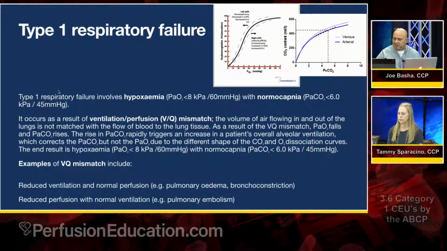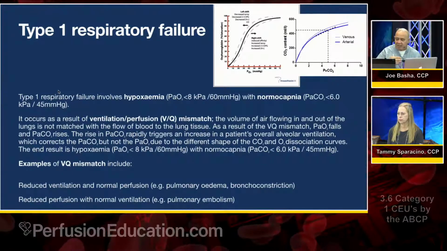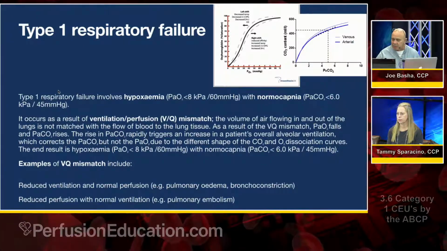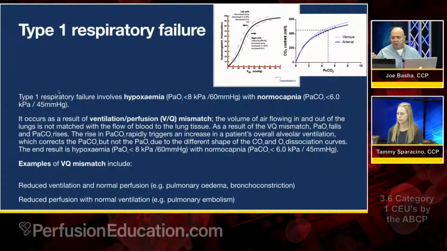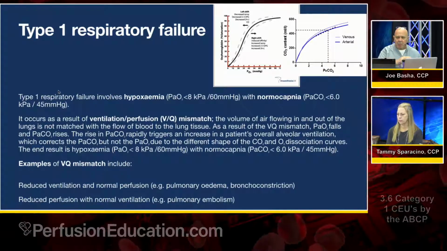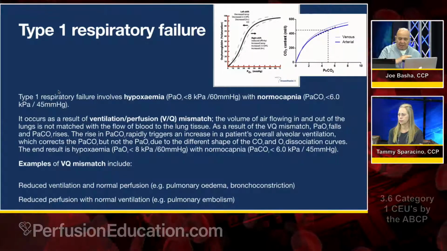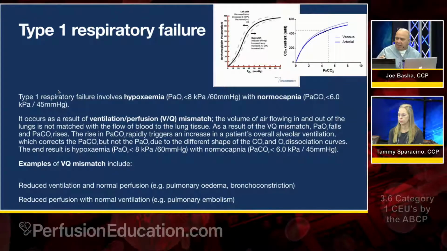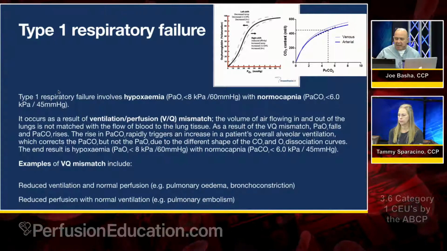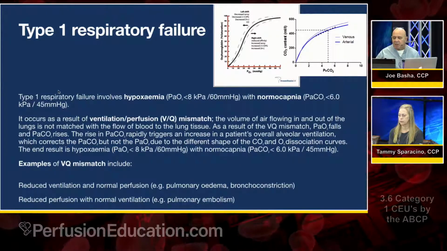Now remember, we've talked about this many times. You can have a VQ mismatch of the lungs. You can have a VQ mismatch of your ECMO circuit. So everything I'm telling you here, you can translate into your extracorporeal oxygenator when you're doing ECMO or even in the operating room. The volume of air flowing in and out of the lungs is not matched with the blood flow to the lung tissue.